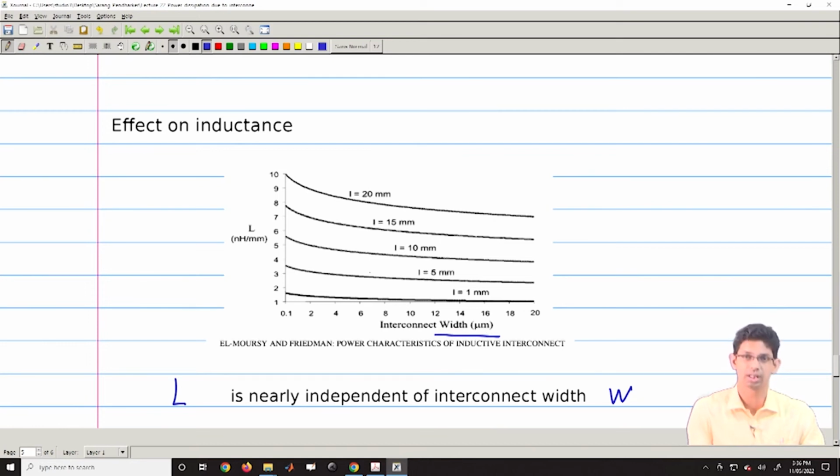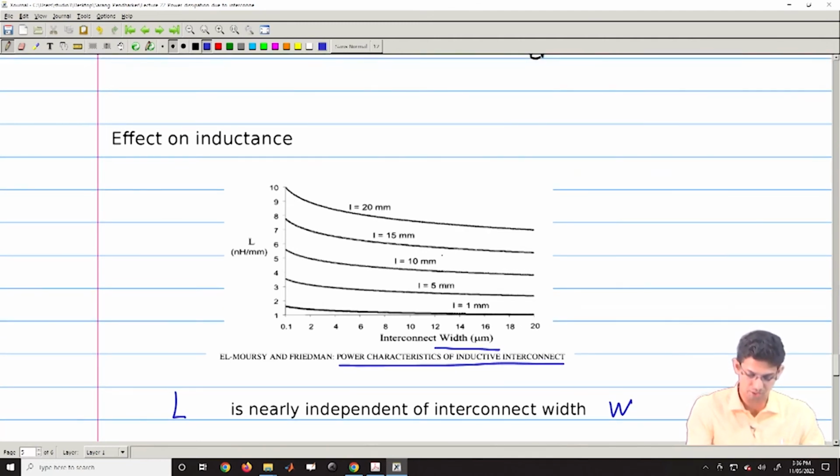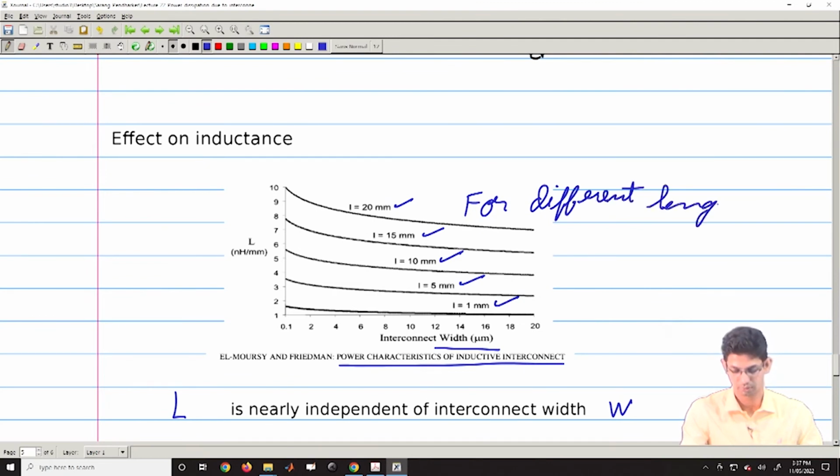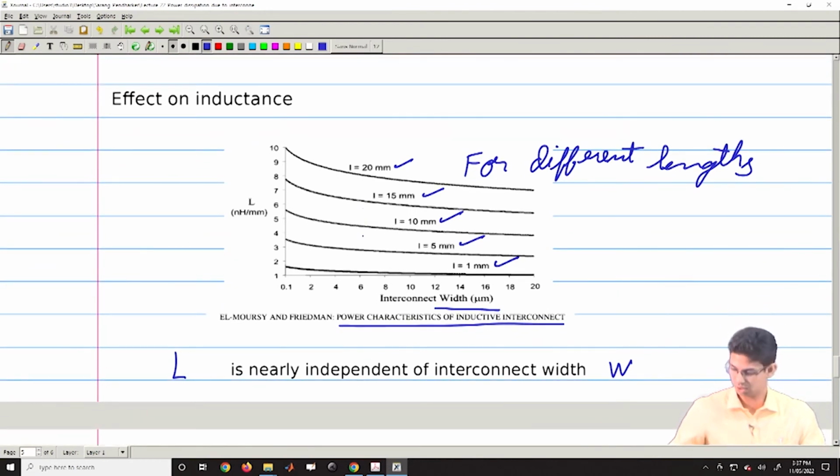This figure is from the paper Power Characteristics of Inductive Interconnects, for different lengths: 20 mm, 15 mm, 10 mm, 5 mm and 1 mm. If we vary the width, L is not dependent strongly on the width.